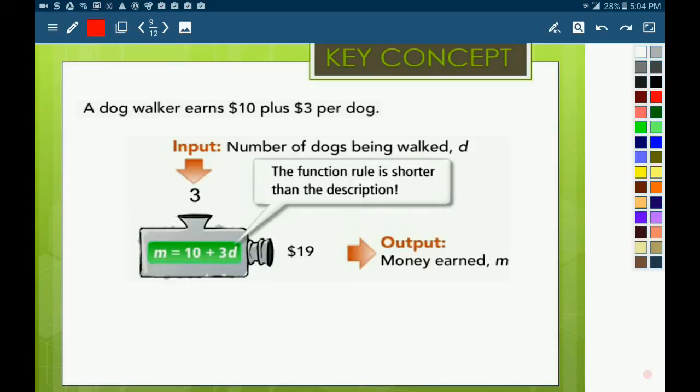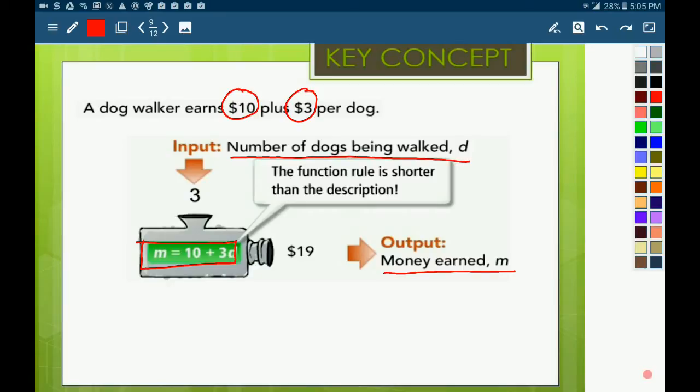Just to illustrate the main concept of today, if we have a dog walker that earns $10 plus $3 per dog, so she already earns $10 right off the bat just for doing her job, and then she could be walking 1 dog, she could be walking 5 dogs, she could be walking 10 dogs, so she gets paid $3 for every dog she has to walk, which makes sense because it gets harder the more dogs you have, so she's going to add $3 every time she has another dog.